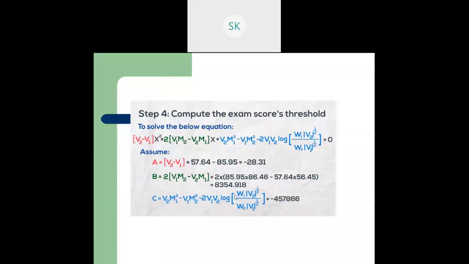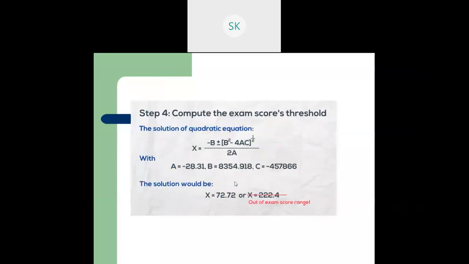So putting these A, B, C values, we need to compute the coefficients. The solution of this quadratic equation with respect to x is given by the standard formula, minus b plus or minus the square root of b square minus 4ac, and we got the values of a, b and c from the previous slide. We got x equal to 72.72 or x equal to 222.4. This is out of our exam score range.